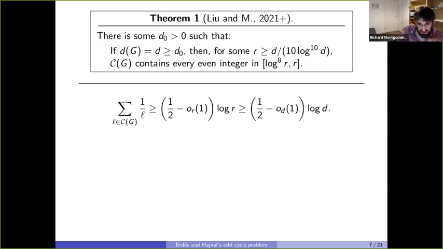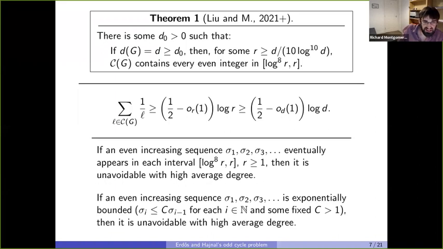So because of our top left quadrant, the density of the cycle space, what about these sequences and specific cycle lengths? Well, from this result, if a sequence is going to be unavoidable, then I can just show that eventually it must appear in every such interval if it has even numbers.